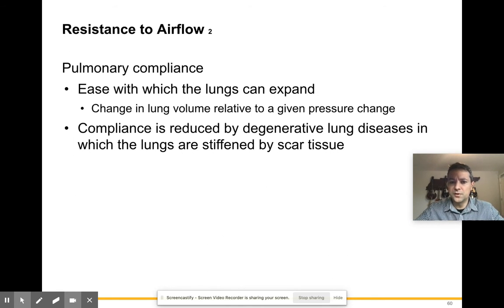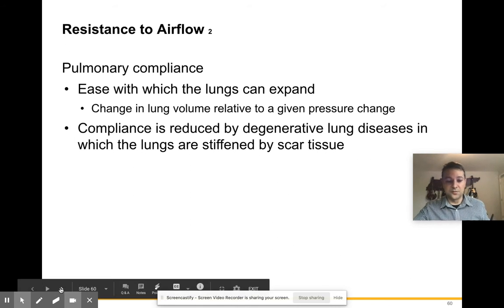We want our pulmonary compliance to be high so that we can inhale as much air as we can, to get as much oxygen as possible. But if our lungs are stiffened by scar tissue, then our compliance is reduced and we do not get as much oxygen into our lungs, and breathing is much harder.